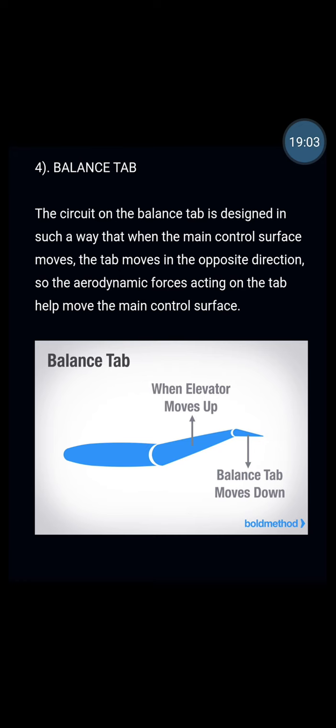So the aerodynamic force acting on the tab helps move the main control surface. And this is the picture of the balance tab. When the elevator moves up, the balance tab moves down.